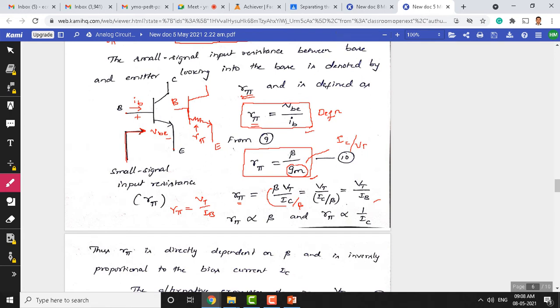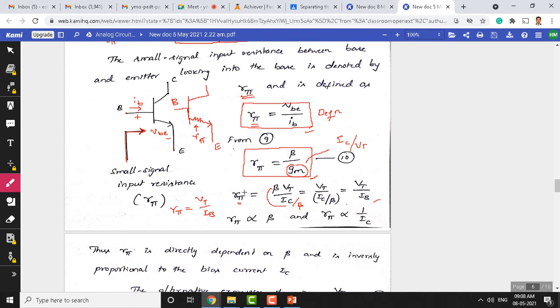This beta also depends on the collector current and the base current here. So any variation in IB also changes the input resistance. This is directly proportional to beta. Also look that there is a collector current in the denominator here, right?